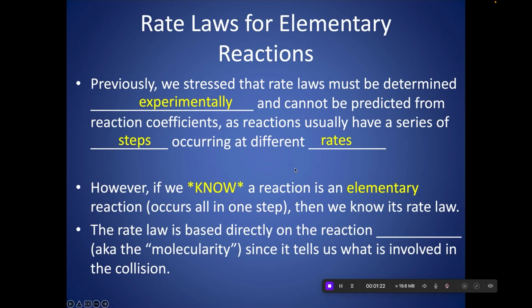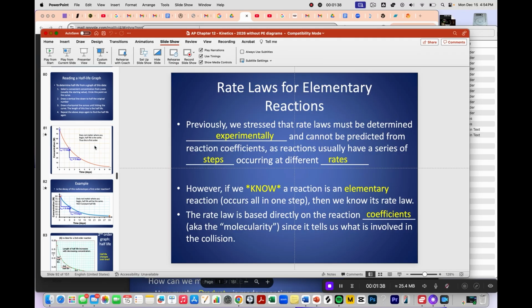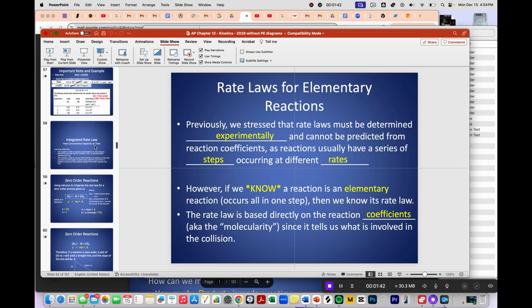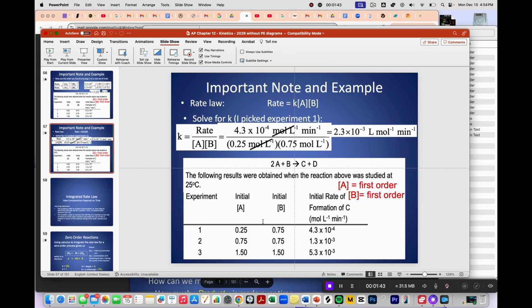However, if you know a reaction is elementary and it happens all in one step, then you can actually use the coefficients, also called the molecularity, to determine the orders. If you remember the other ways that we looked at to find the reaction orders, one way was the method of initial rates, where we gave you initial concentrations of each reactant, the initial rate, and you see how they each change and their impact on the rate.